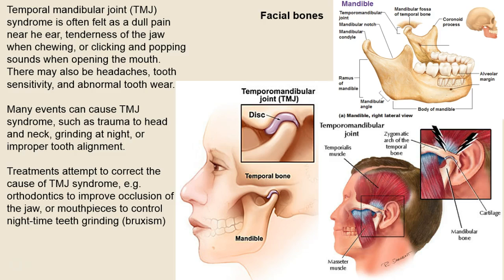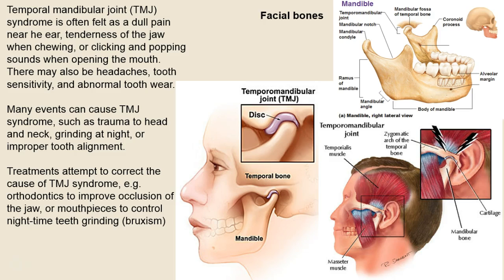We hear it in the knees, we hear it in the hips. So clicking and popping is not always a sign of disease. In fact, many times it's not, unless there's pain associated with it. There may be headaches, tooth sensitivity, and abnormal tooth wear. And if we see that, then we know this thing's pretty advanced.